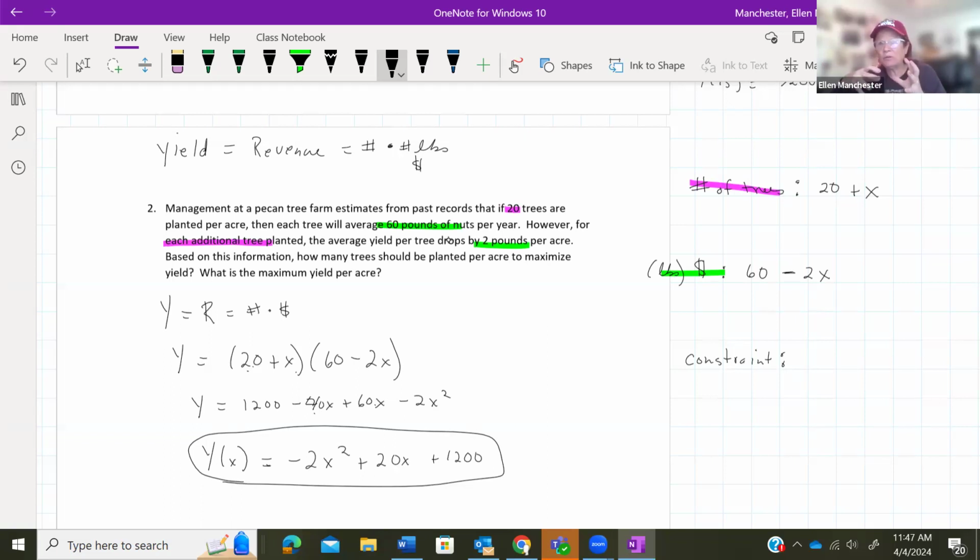They're having to compete with all the other plants. Spreading them out actually allows your plant or tree to produce more product. Because this is a business, we want the most yield. So what actually holds us back is the amount of fruit that our trees can produce. So again, look for that minus sign. That's always going to be the tell.